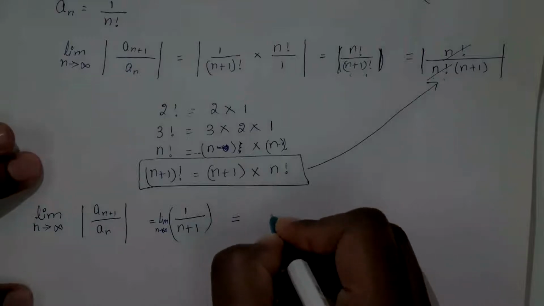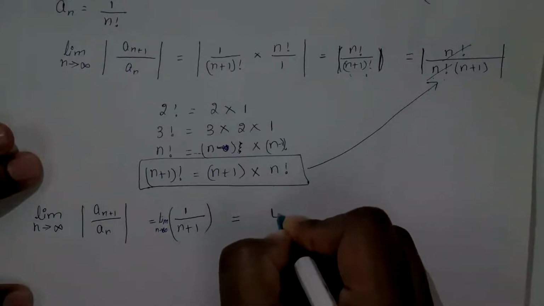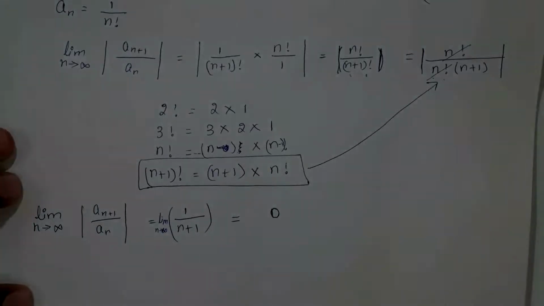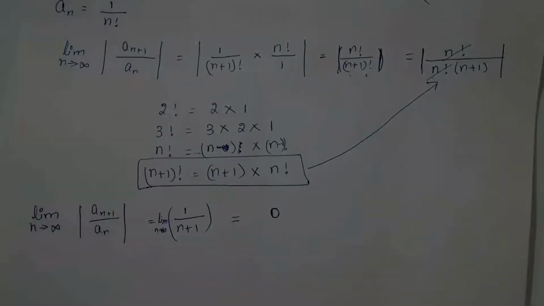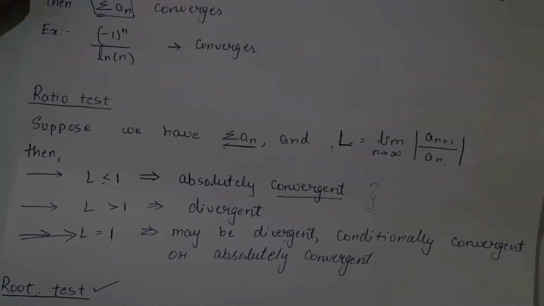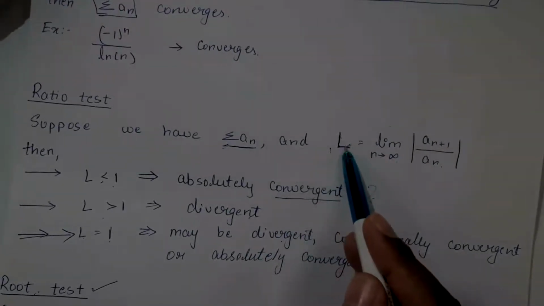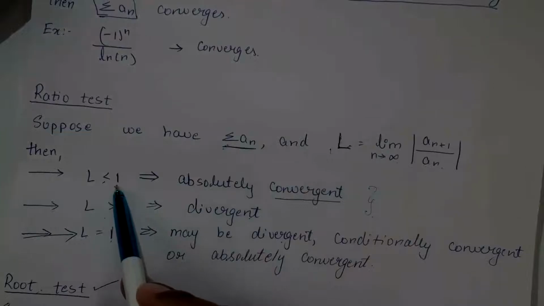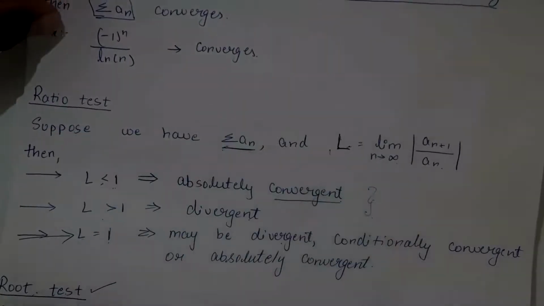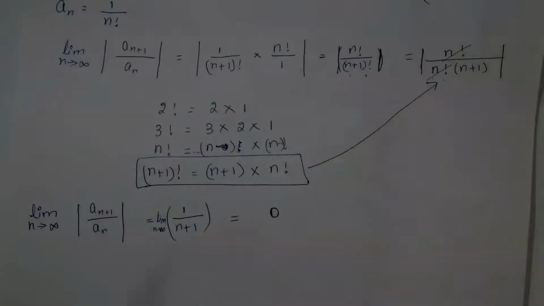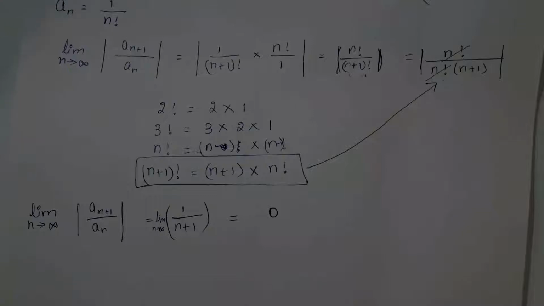So 1 over infinity is what you get, and 1 over infinity is 0. So according to the ratio test, what was the ratio test here? If you get limit L less than 1, it is convergent. So now tell me whether this series is converging or diverging.